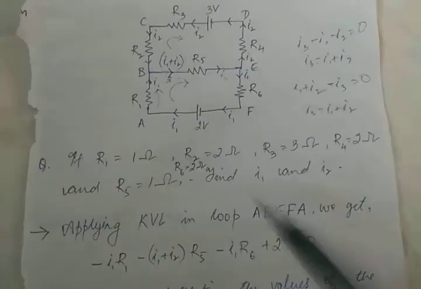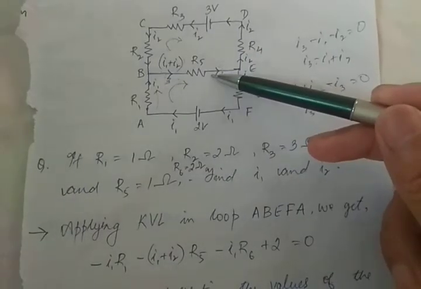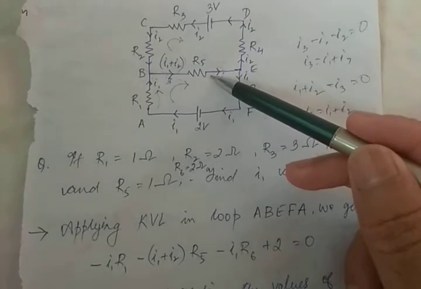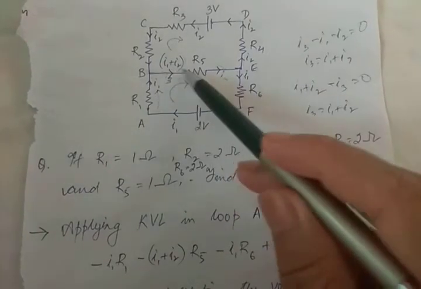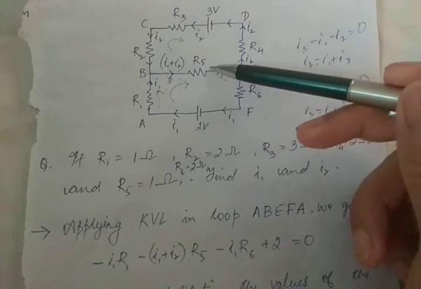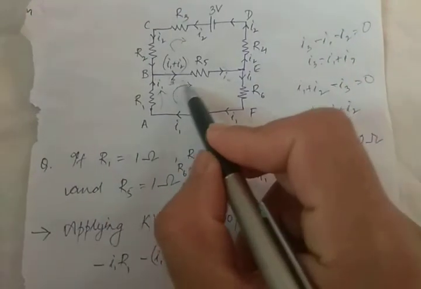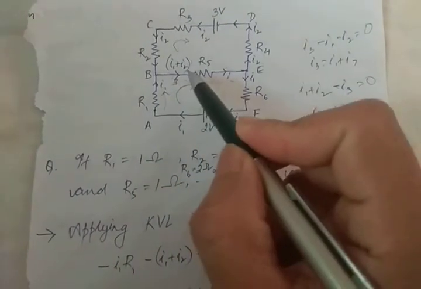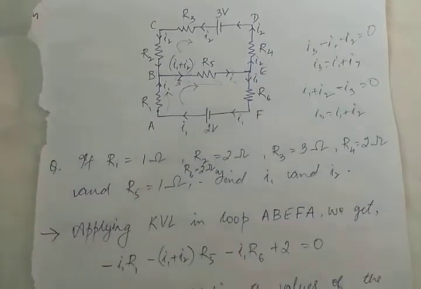Then we encounter R5. Across R5, since current I1 plus I2 is flowing through it, and we have taken clockwise direction of movement, current I1 plus I2 is also flowing in the same direction, so here also we are moving from higher potential to lower potential.